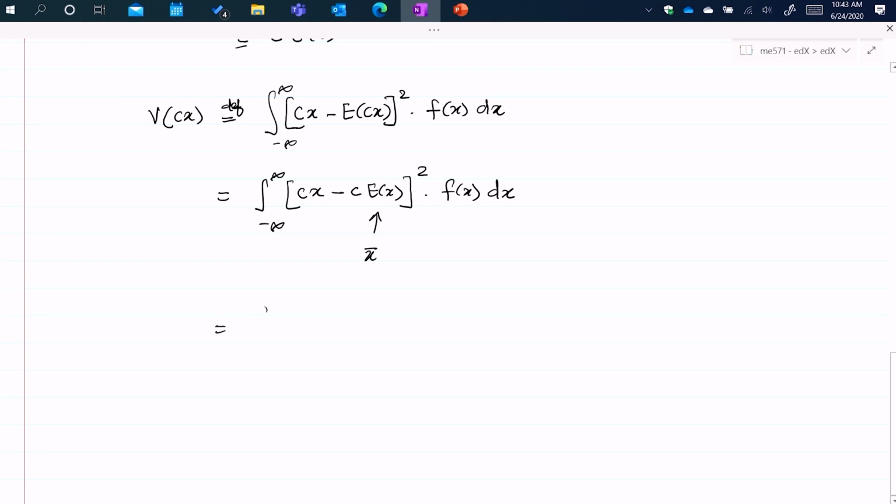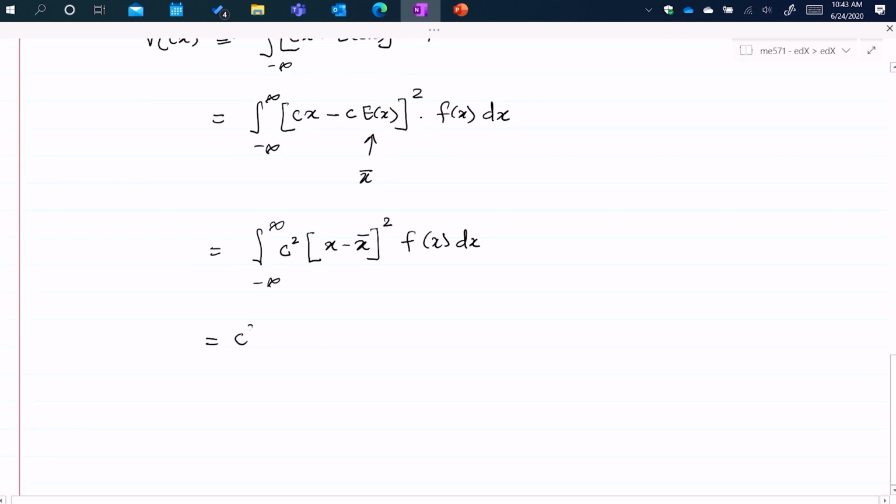Therefore, I can take c outside and make it c squared times (x minus x bar) whole squared f of x dx.